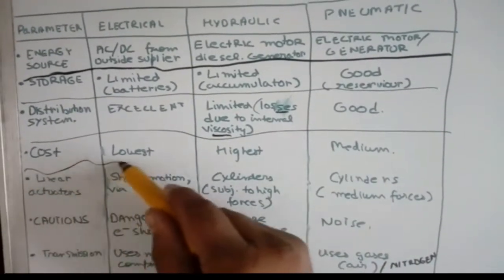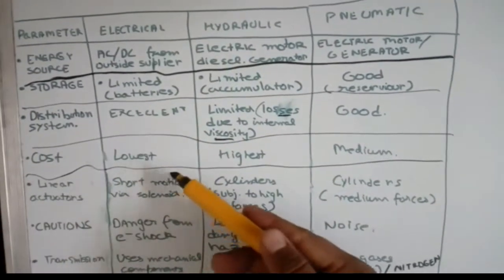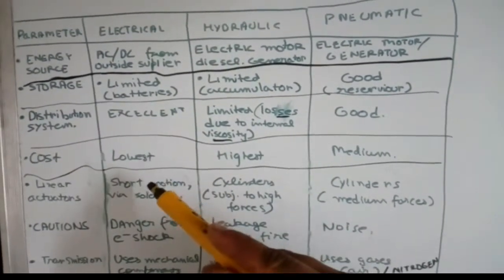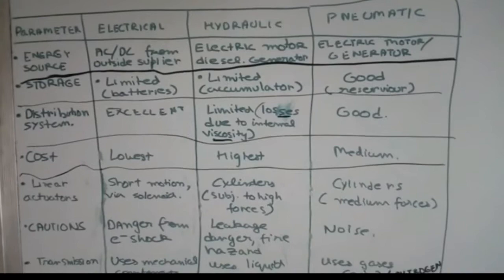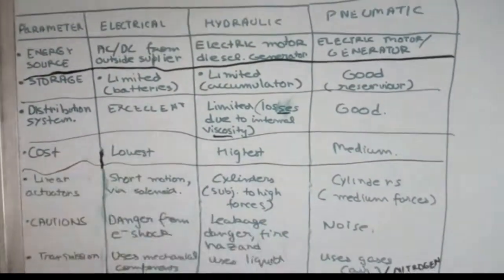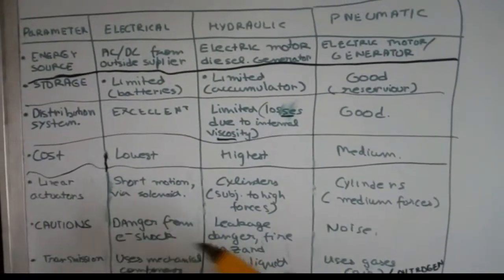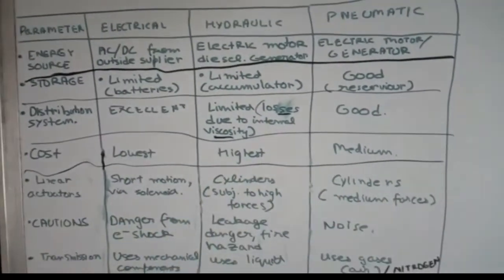Cost. Cost is very simple. Lowest in electrical; if you have visited an electrical shop, you know that it's very low cost. Highest in hydraulics. Why?